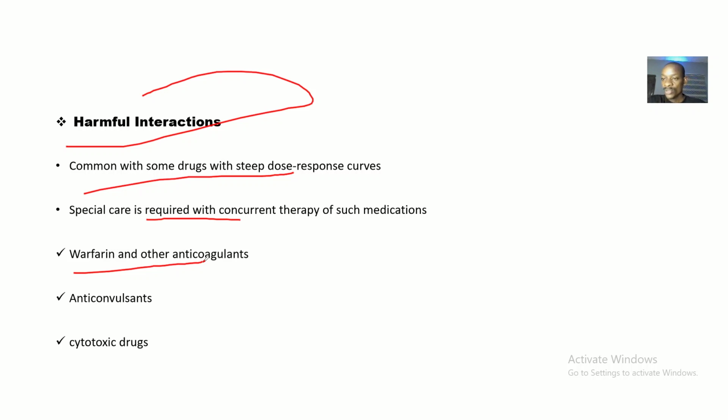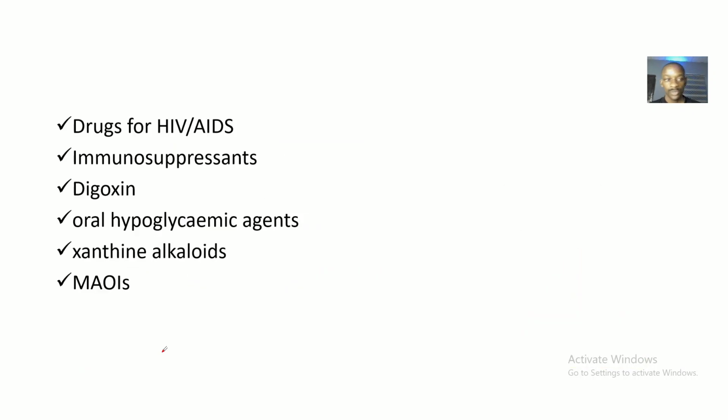Like when the blood is flowing in your vessels, it doesn't really need to clot. Do you understand? But sometimes when you combine warfarin with other drugs, then your blood will clot even when you don't really need it. Then anticonvulsants too, then cytotoxic drugs too are likely to put up a harmful drug-drug interaction in your body.